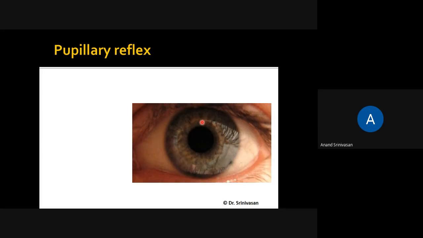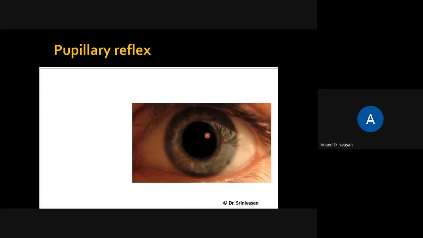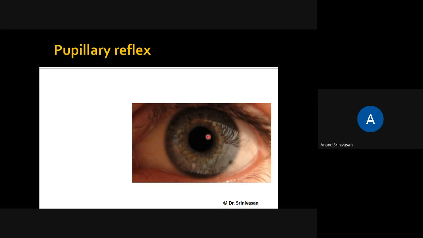Now if you throw a light, you can see that the pupil is constricting, that is, it is becoming small. Why is it becoming small?